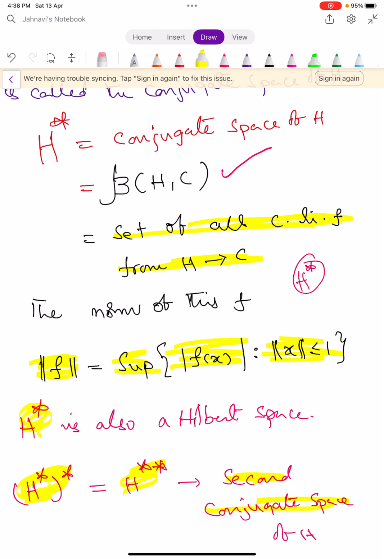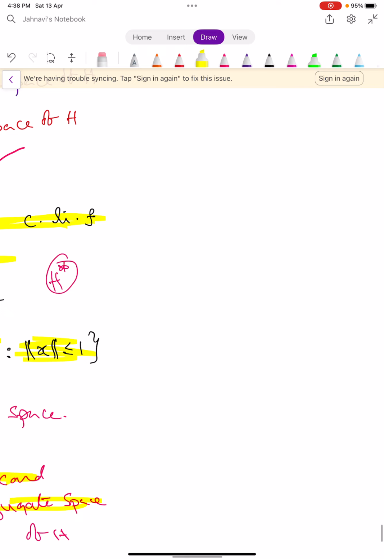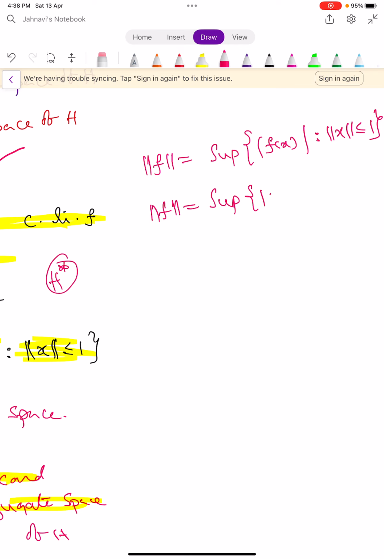Also remember one basic point. Here the norm is defined in this way: supremum of mod f of x such that norm x is less than or equal to 1. The same norm is also defined in the following ways. Norm f is equal to supremum of mod f of x such that norm x is equal to 1.